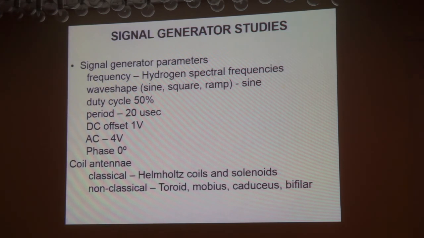So what are the frequencies of hydrogen? Well, you could actually get that from various published spectroscopic data, and the frequency is in the terahertz. So I don't have a terahertz generator. So I had to generate subharmonic frequencies corresponding to the original frequency, and then use those to imprint the water.